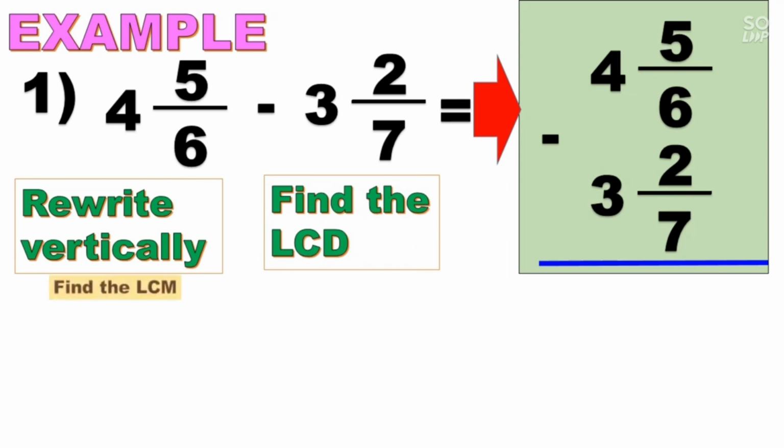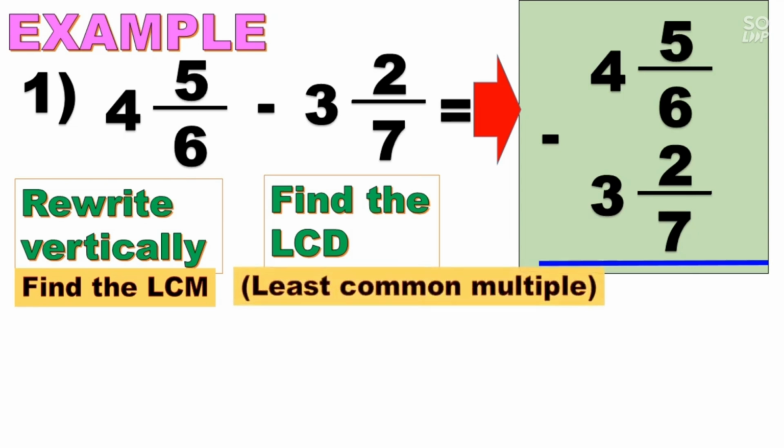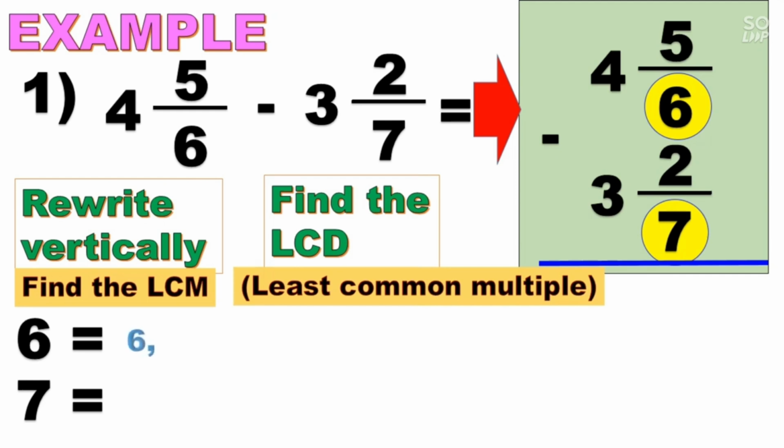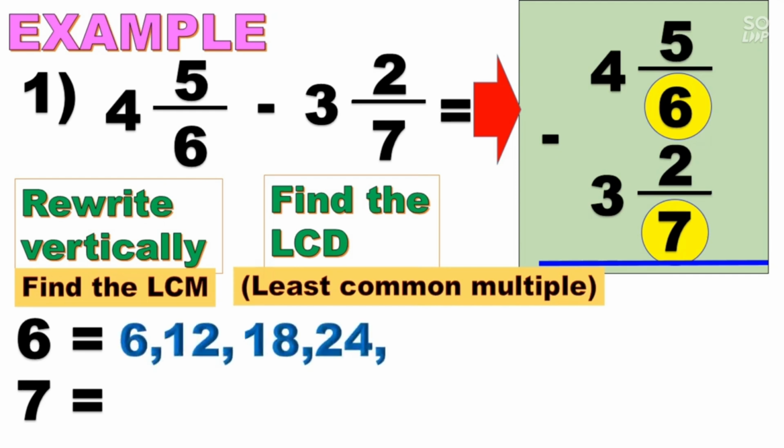Okay, to find the LCD, we have to find the LCM of 6 and 7, or the least common multiple of 6 and 7. Okay, and the next multiple of 6 is 6, 12, 18, 24, 30, 36, 42.